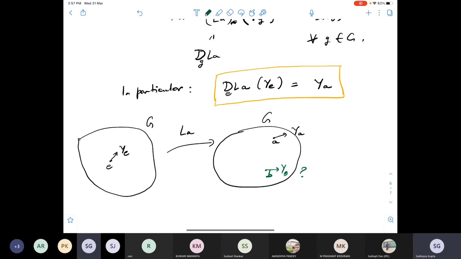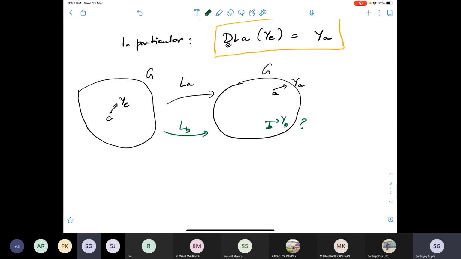Well, you look at the left translation by B and then look at where Y_E is sent, and that's going to be your Y_B. So once you choose a vector in the tangent space of the identity, you can push forward to any other point in the Lie group by some left translation, and this would define a left invariant vector field.